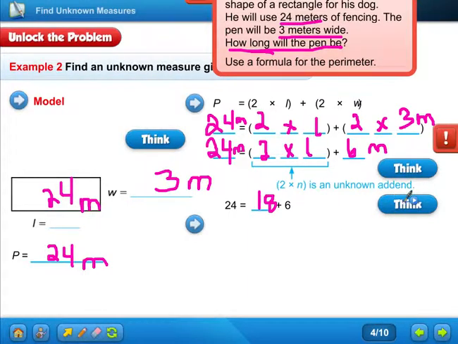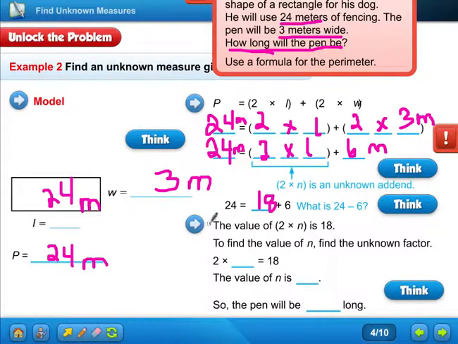But remember, what is 24 minus 6? You put 18. But remember, once you're done with that, you have to figure out the value of 2n, which is the length they're calling n. Put the n right here. The value of 2n is 18.